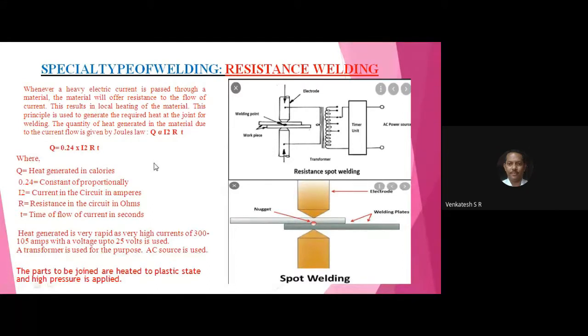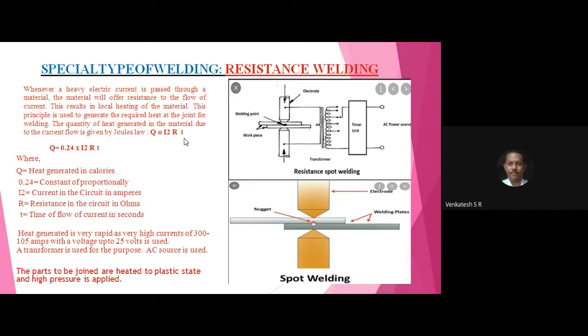Joule's law is Q proportional to I square R T. Below that, write down Q equals 0.24 into I square R T.